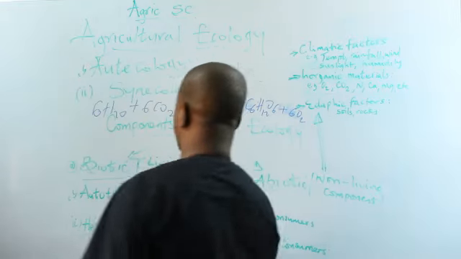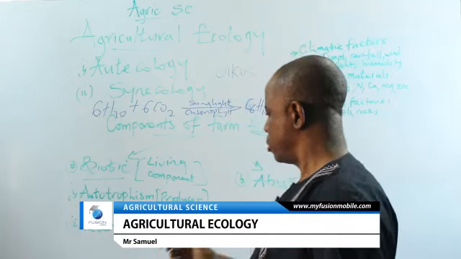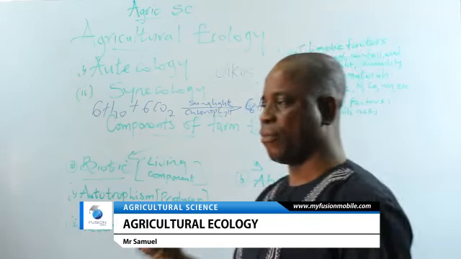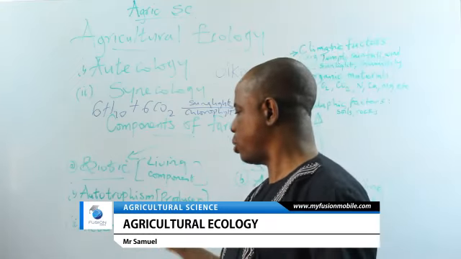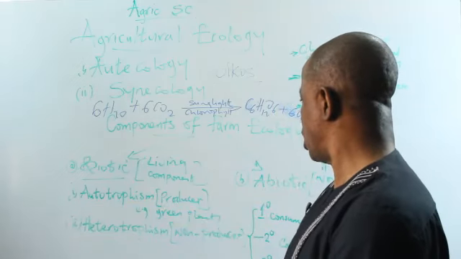Now, this is the process by which green plants manufacture their food. So that's the autotrophs. The green plants produce their food in the ecosystem. That is the first biotic component of the farm ecosystem or ecology.